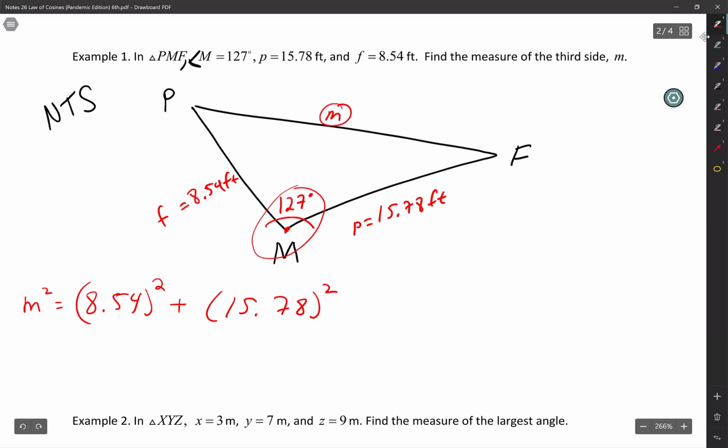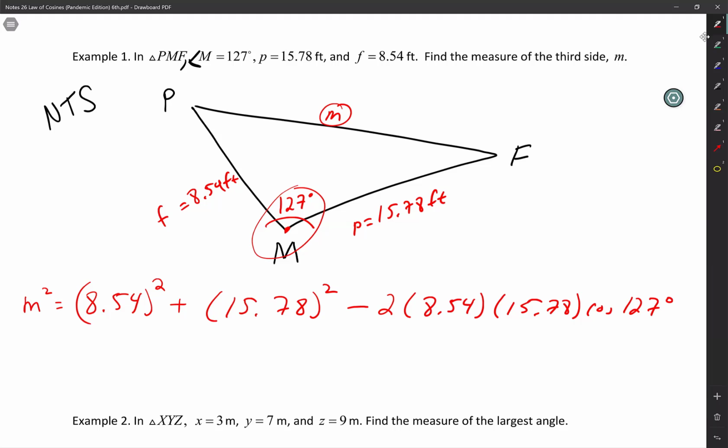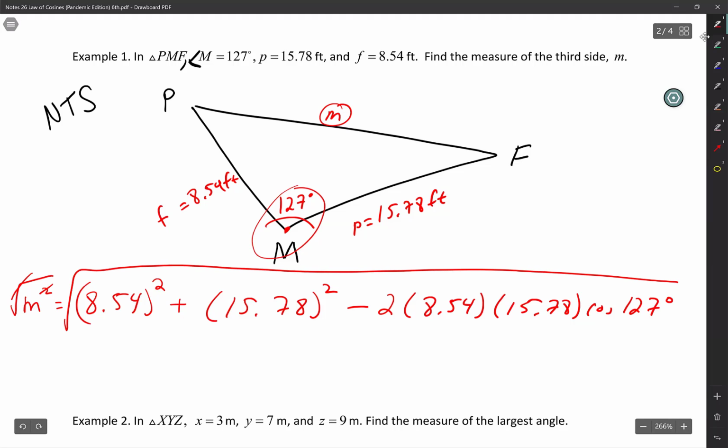It almost looks like Pythagorean theorem, but we have this one added twist. Minus 2 times 8.54 times 15.78 cosine of 127 degrees. There it is. I don't want m squared, I just want m. So square root, that goes away. Square root of all that.